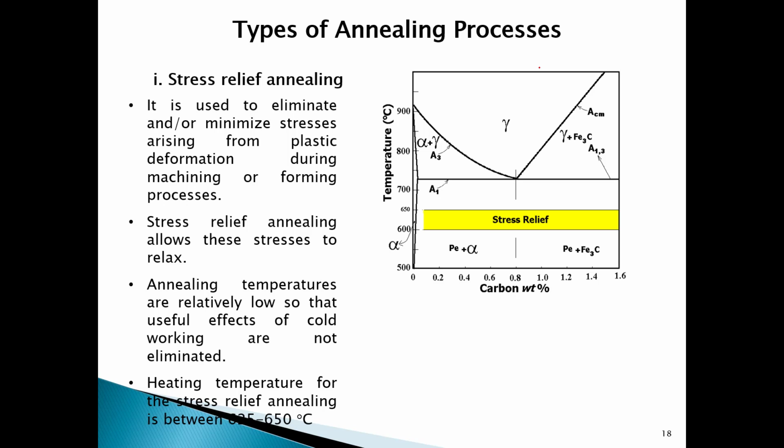Annealing temperatures are relatively low so that useful effects of cold working are not eliminated. The heating temperature for stress relief annealing is between 625 and 650 degrees. So 625 to 650 is the stress relief temperature.